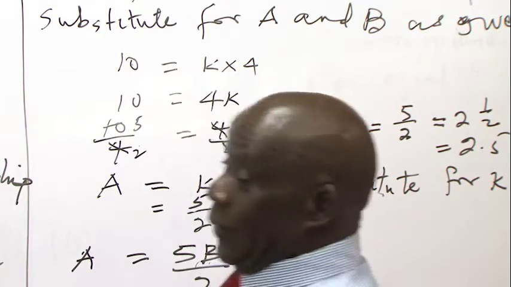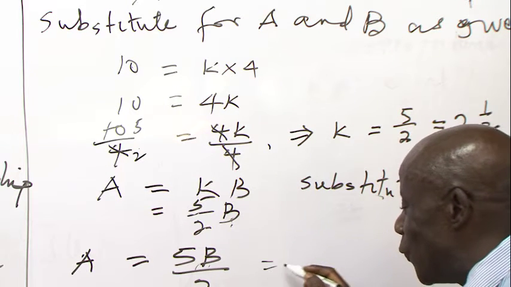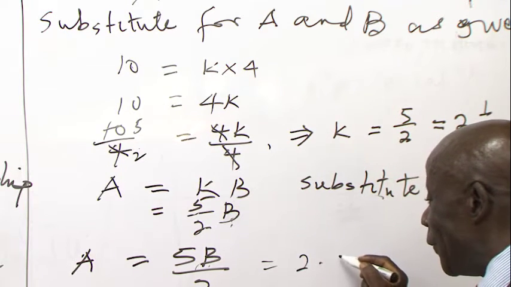You can leave it like this. Or, you know, 5/2 is 2.5, so you can say 2.5B.